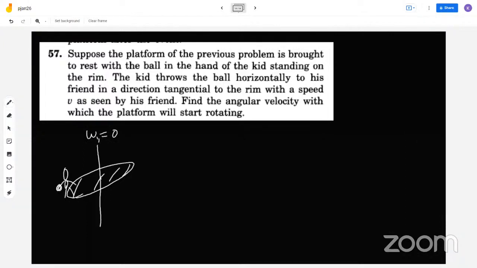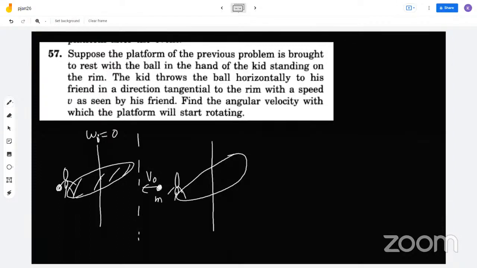Then now the kid throws it tangentially, this side, with a speed v as seen by his friend. The friend is on the ground, that means the speed is v naught with respect to the ground.